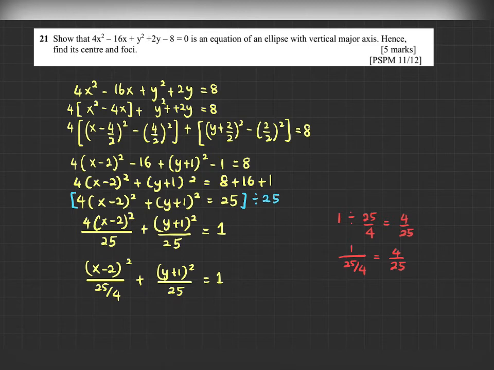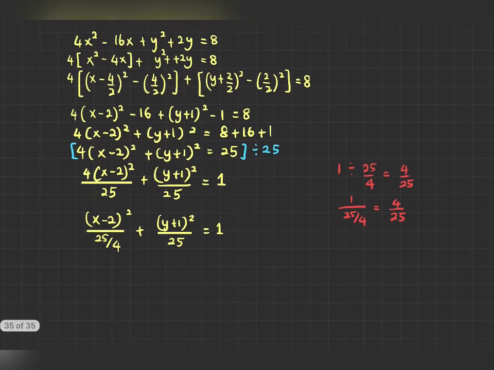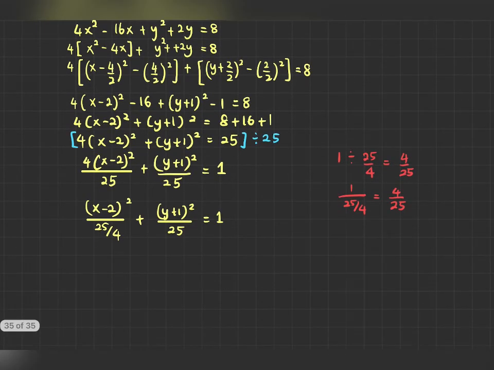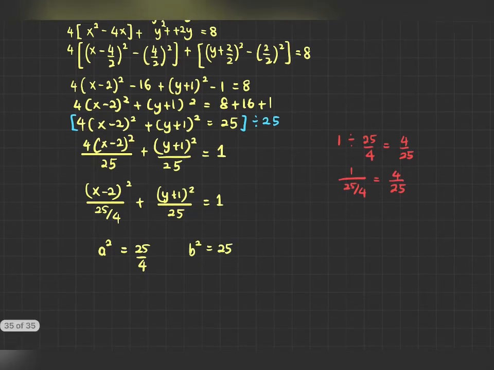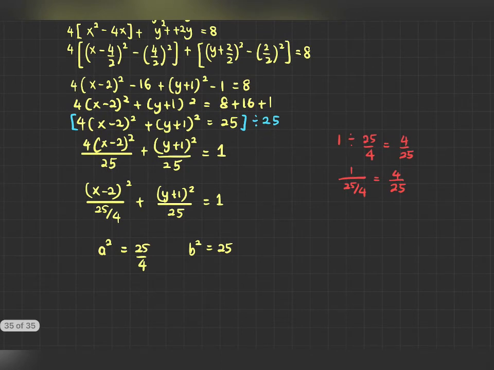Okay, now kita dah jadikan dalam bentuk standard. So here is what we are going to prove. Since we have a square equals to 25 over 4 and we have b square equals to 25, so we can prove that a will be equals to 5 over 2 and b equals to 5.